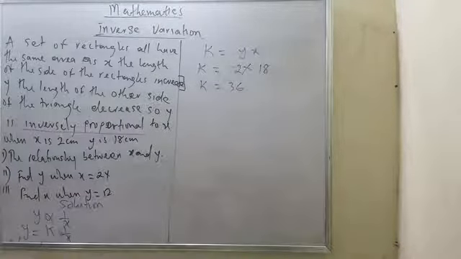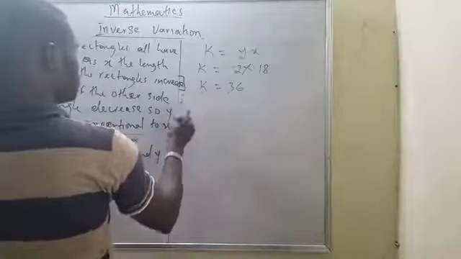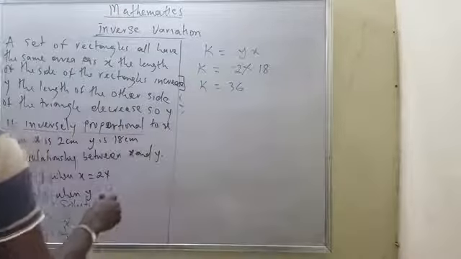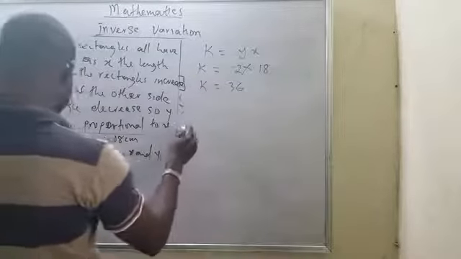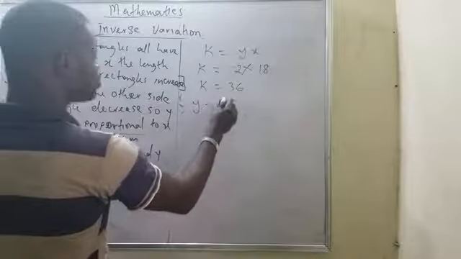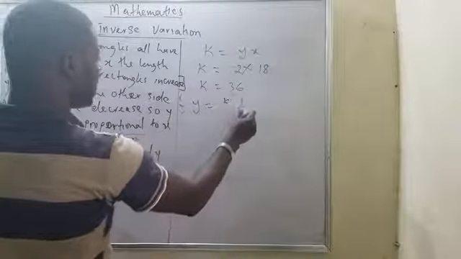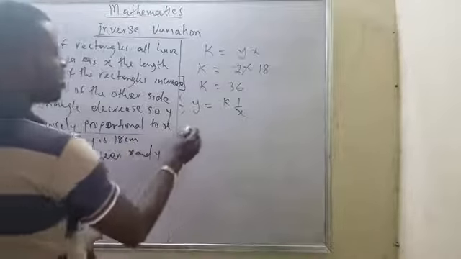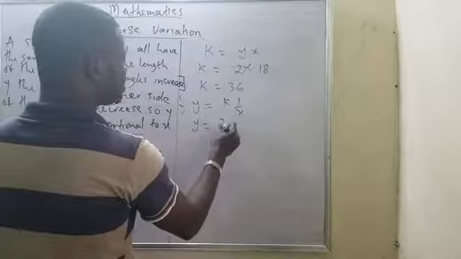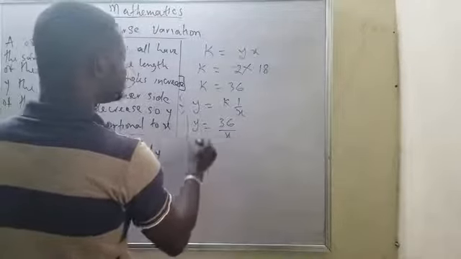Since I have k, the relationship equation will be y equals k over x, which means y equals 36 over x.